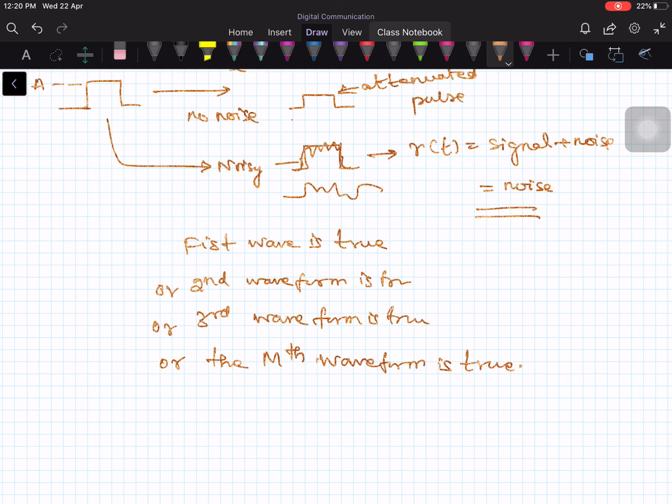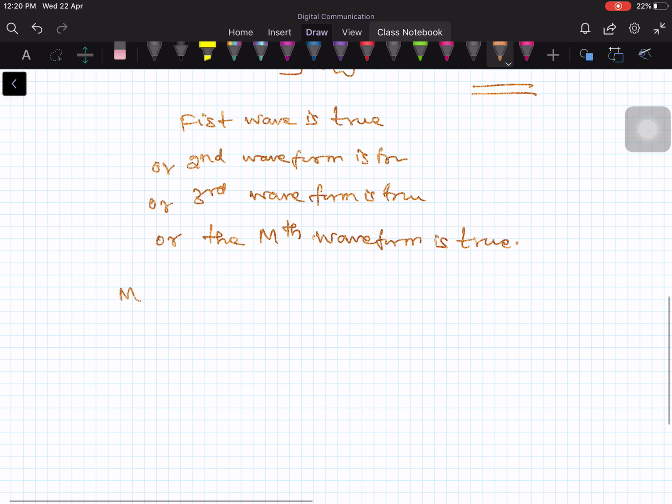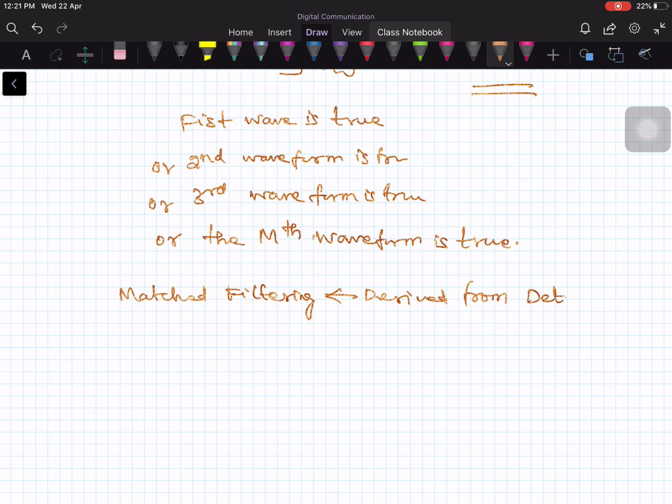Therefore I am planning to take a slightly more simple and slightly ad hoc approach, but it will still be quite satisfactory. The most basic principle that finally comes out of this detection and estimation theory is quite simple and concise. Essentially it is the principle of matched filtering. This concept is derived from detection theory.